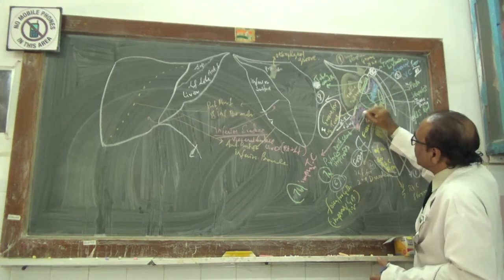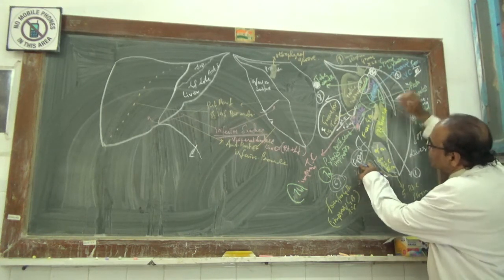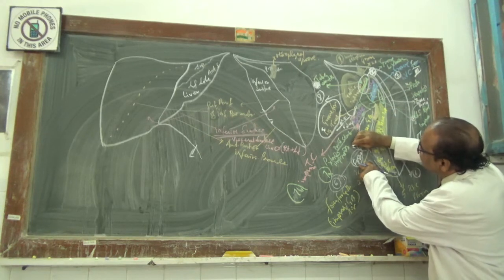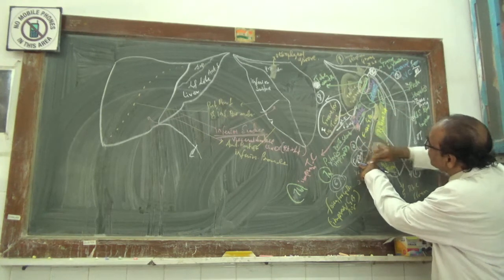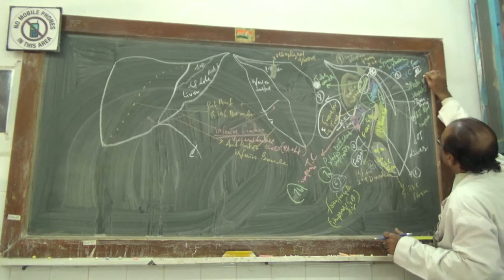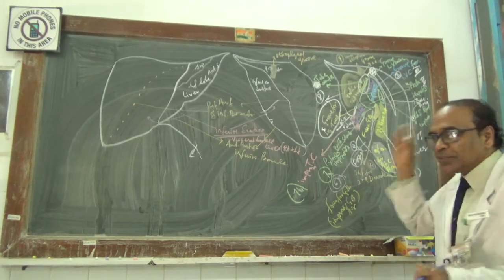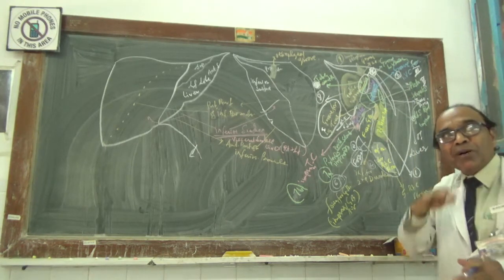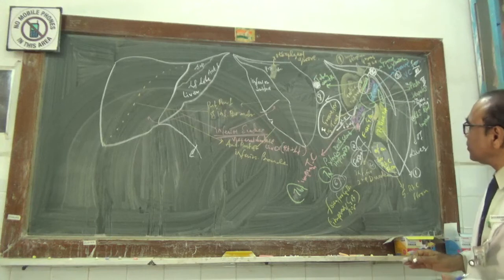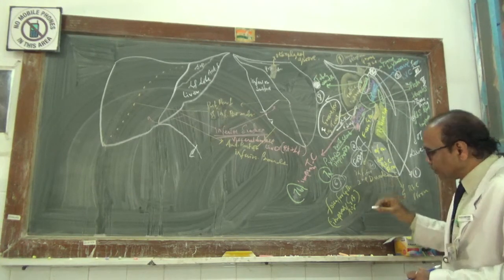Then you have got one more fissure. This is the fossa. Now this will be one more fissure. But if you see fissures, some are short, some are long, some are horizontal, some are longitudinal.